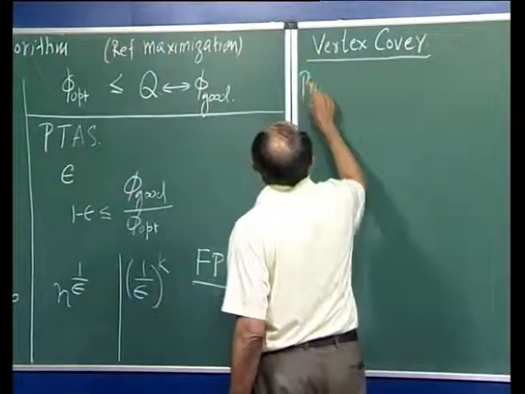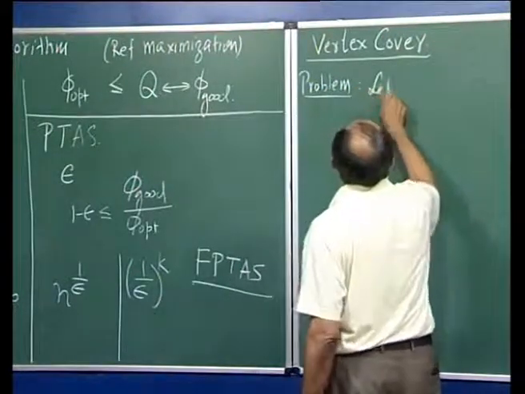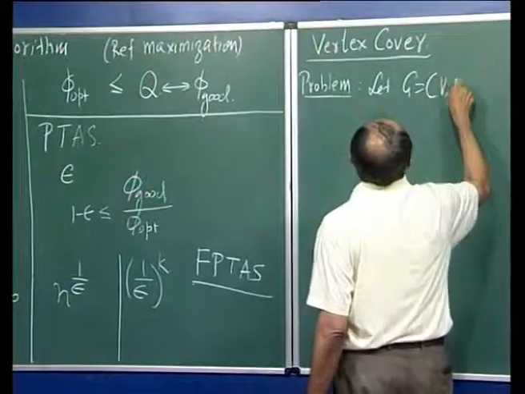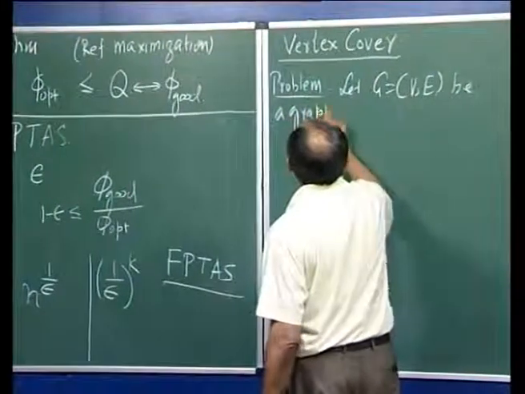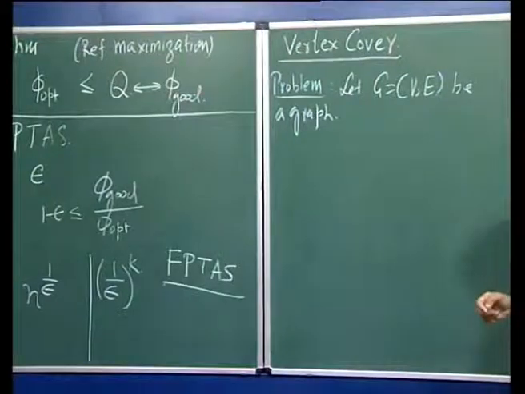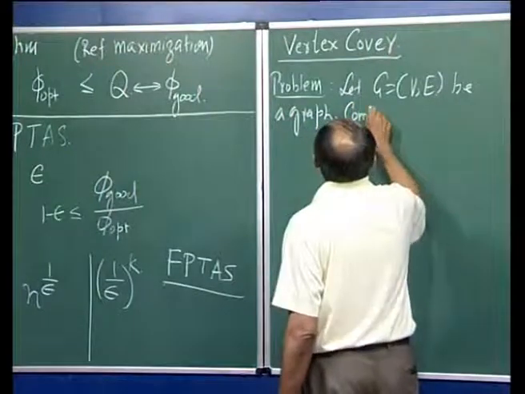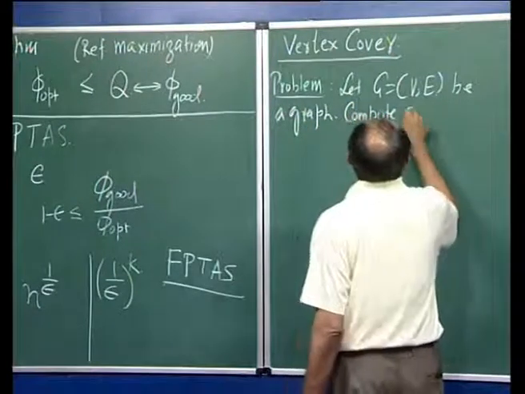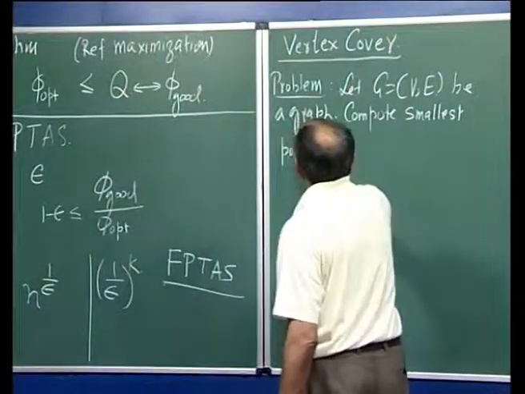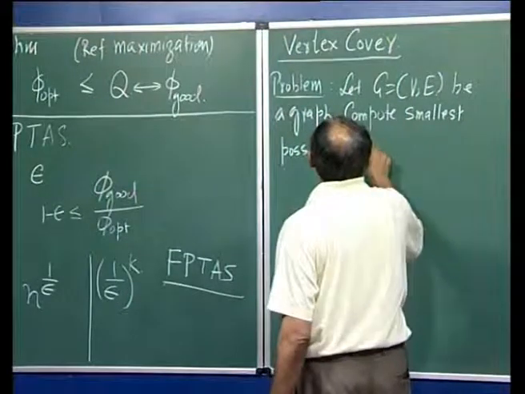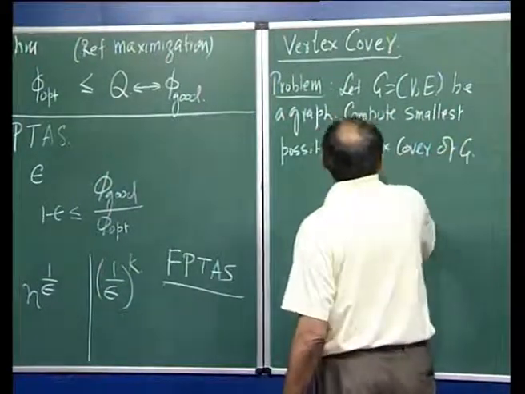So, the problem is that let G be a graph and we want to compute the smallest possible vertex cover of G. So, what is a vertex cover?